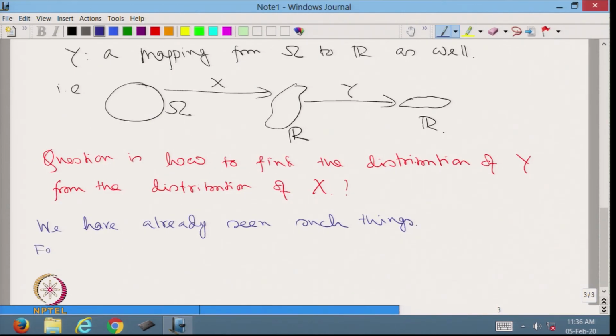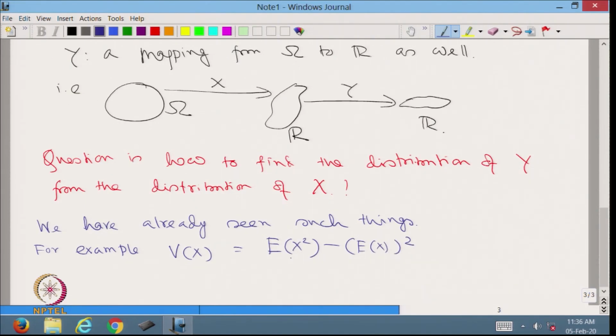For example, variance of X is equal to expected value of X square minus expected value of X whole square.